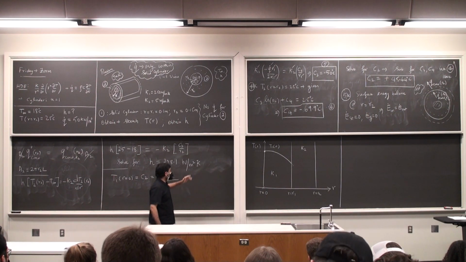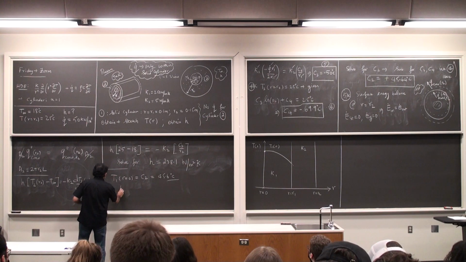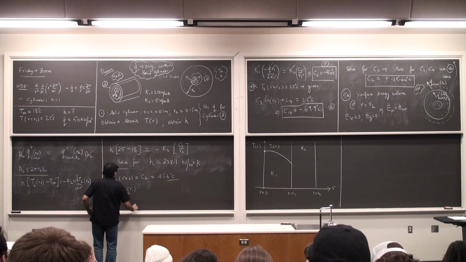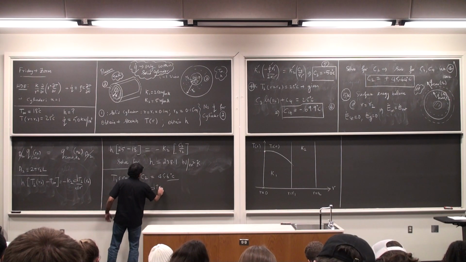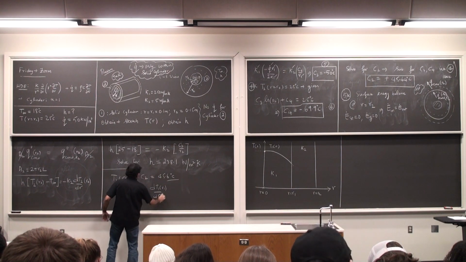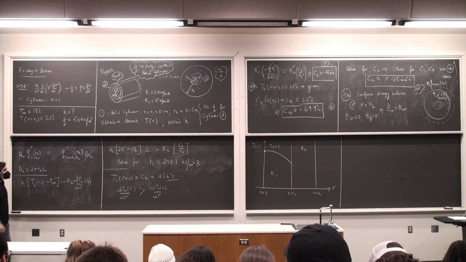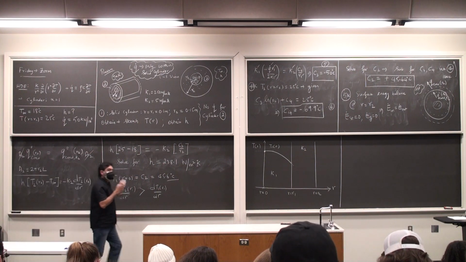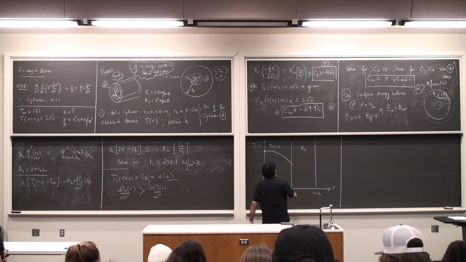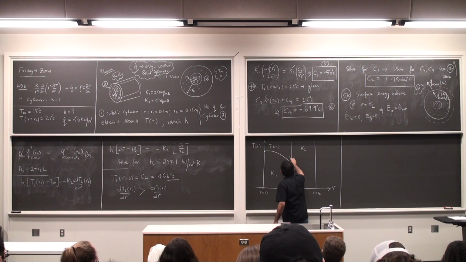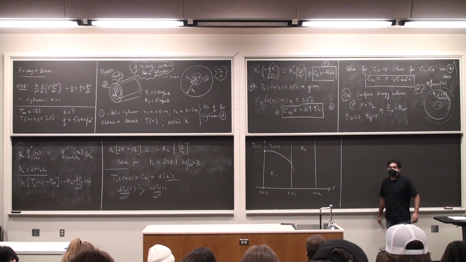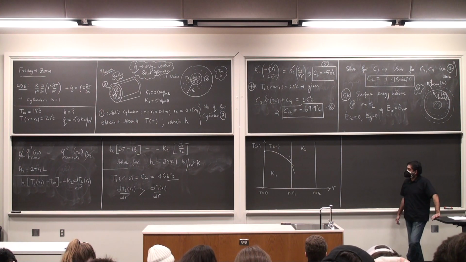If you look at your notes, dT2 at R1 is greater than dT1 at R1, and you can do the substitutions and figure it out because you have all the constants anyway. Okay, which means that the slope is much sharper here as I enter the second material of thermal conductivity K2.